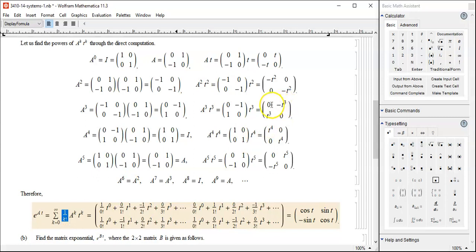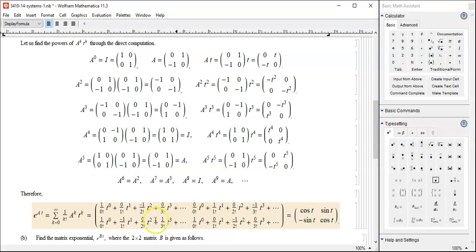And then 0, t to the third power, and the next one will be t to the fourth power over 4 factorial because we need 4 factorial. And then we're going to get 0 again, and so on and so forth. So what do we have here? We have alternating sign, and then all those even powers are all zeros. No, excuse me, all the odd powers are 0. Alternating sign for even, we have cosine of t.